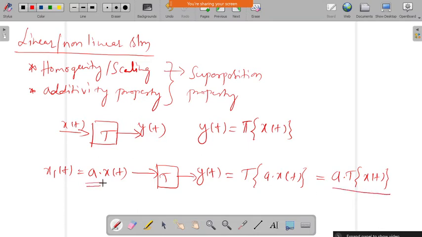The input is scaled by the value a, and the output is also scaled by the value a. This property is called the scaling property or homogeneity property.